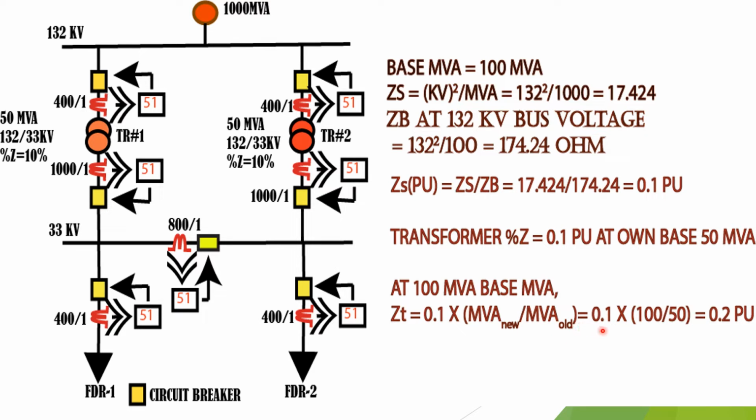So here the MVA new is 100 MVA and MVA old is 50. So the per unit value of the transformer in terms of 100 MVA base equals 0.2 per unit.